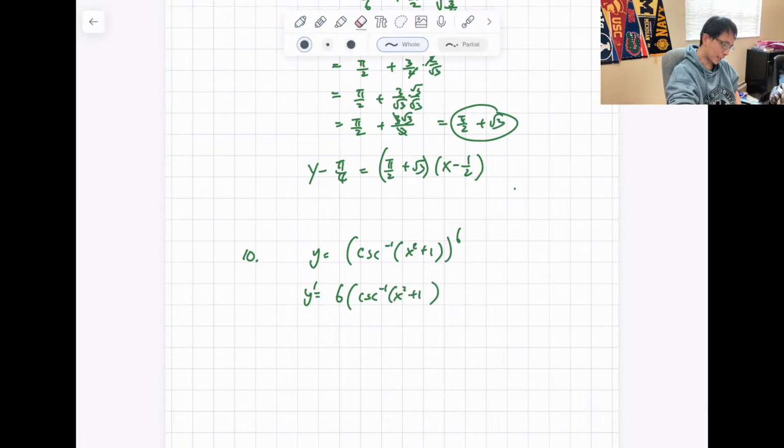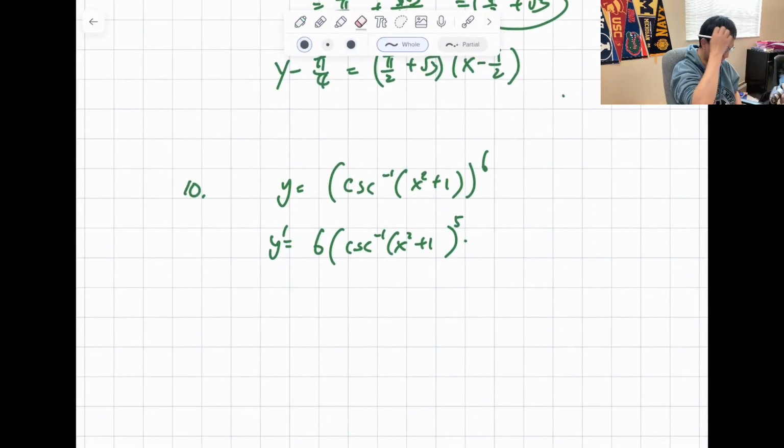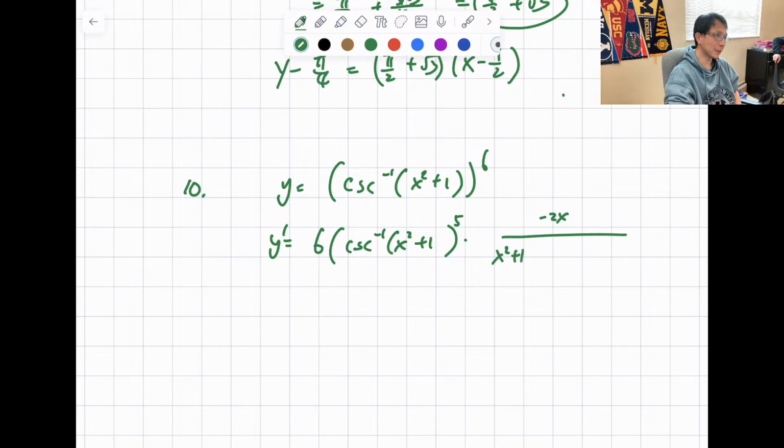Because it has the first bubble, now I'm gonna take a derivative of the inside bubble. So 5, and the inside bubble is gonna be negative u prime, because this is negative 2x, and the u is gonna be x squared plus 1. Do I need absolute value here?